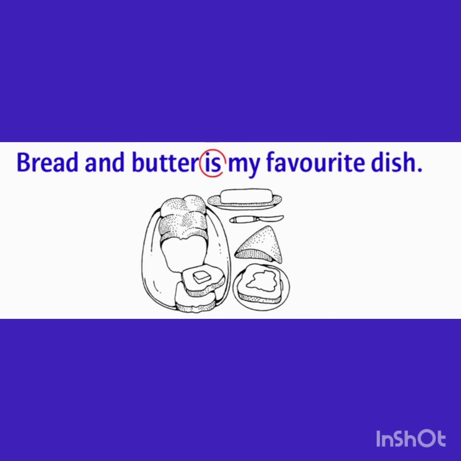Nobody eats the slice of bread separately and afterwards has a spoon of butter. We don't eat it this way, okay? Because we are eating both things together, we consider bread and butter as a singular subject, and that's the reason we put a singular verb afterwards. Okay, bread and butter is my favorite dish.